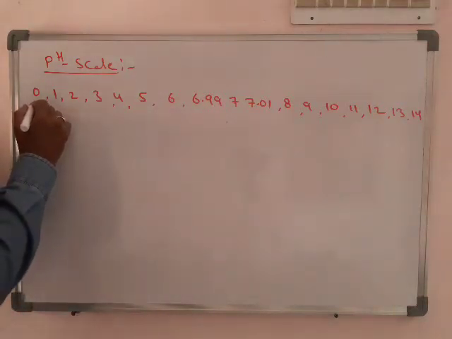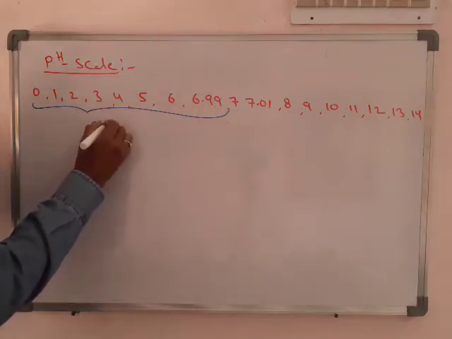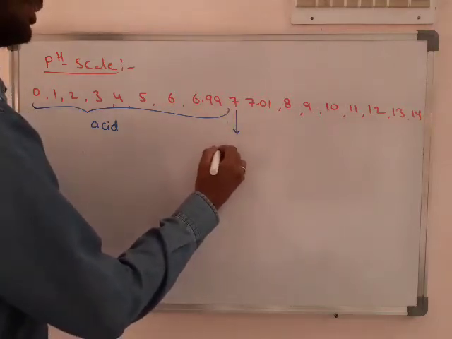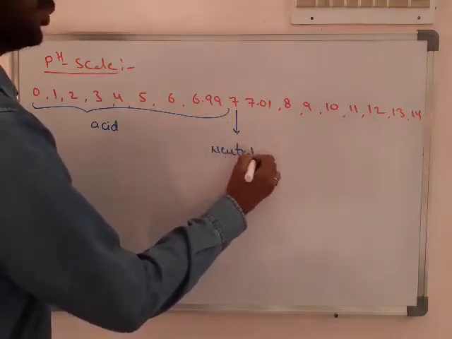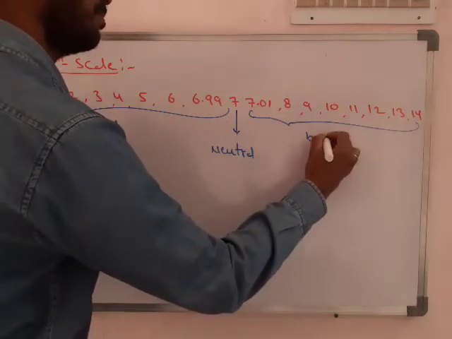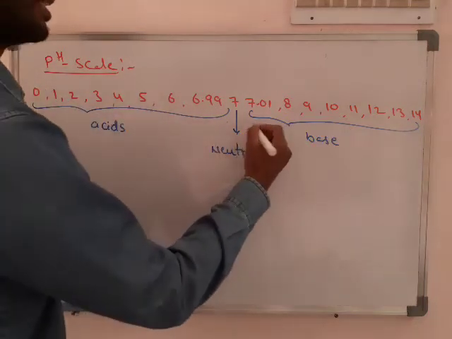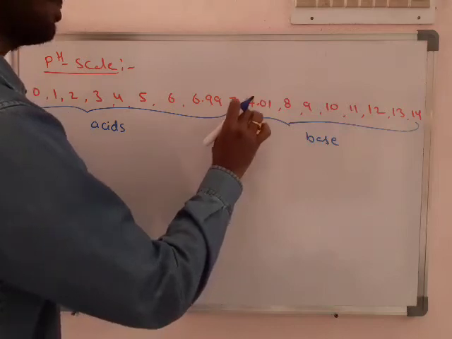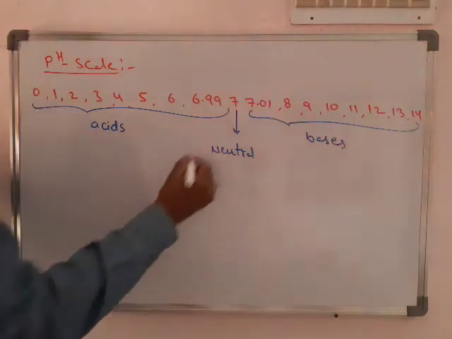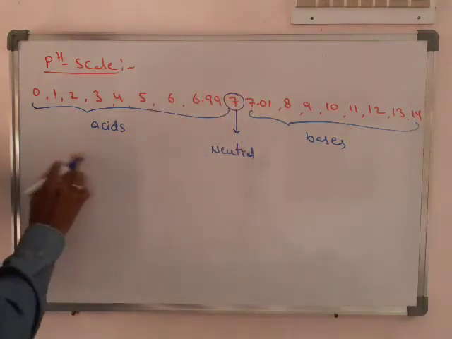If the pH value is from 0 to 6.99, it indicates acids. If exactly 7, that indicates neutral. If some value is greater than 7, it is known as a base. So for acids, pH 0 to 6.99; for bases, 7.001 or whatever value greater than 7. If pH is exactly 7 only, then it is treated as a neutral solution.